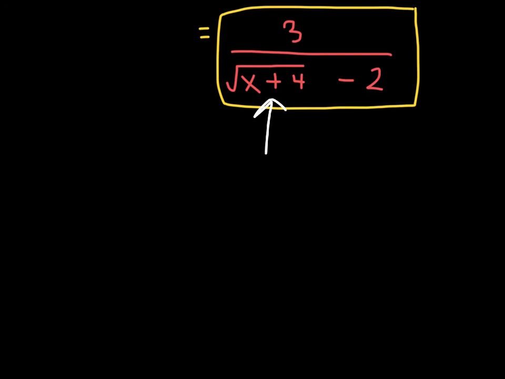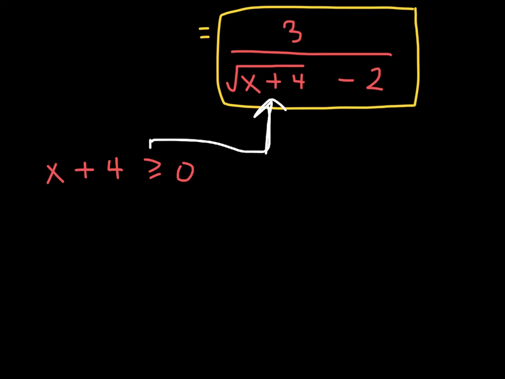To avoid imaginary solutions, x plus 4, do you remember, has to be greater than or equal to 0. We talked about that before. So you can see where that is coming from.